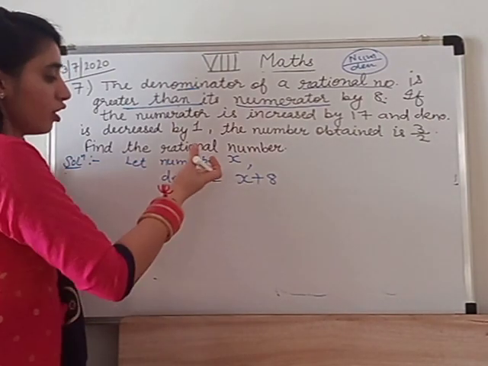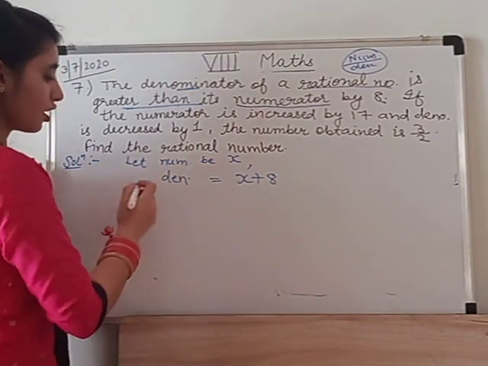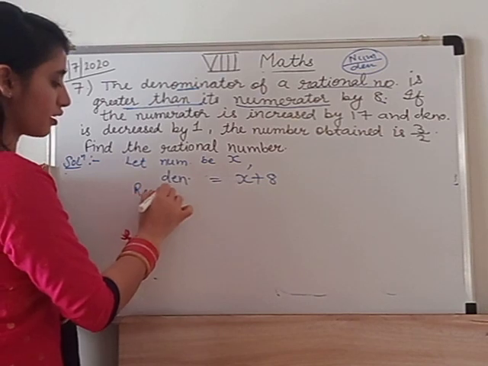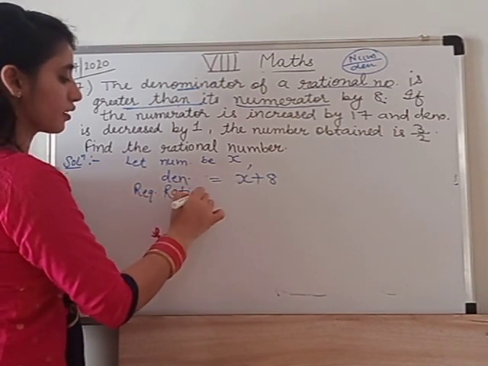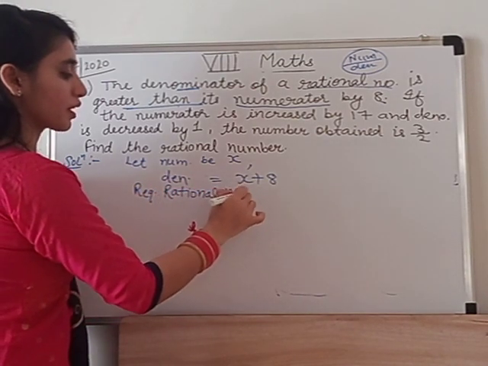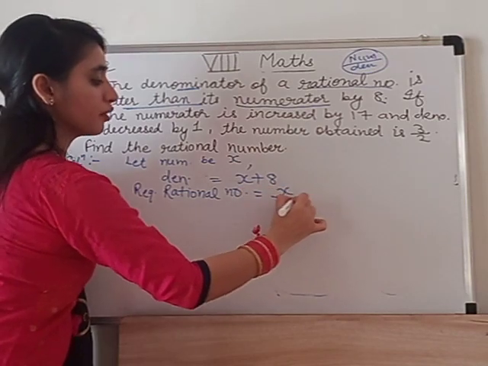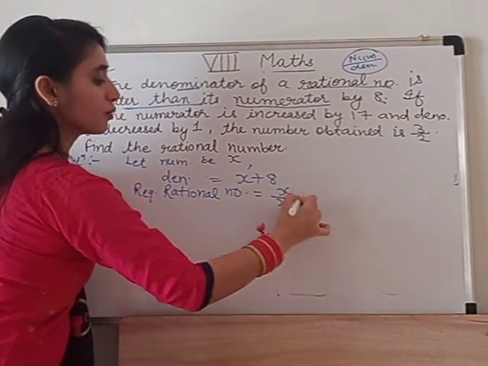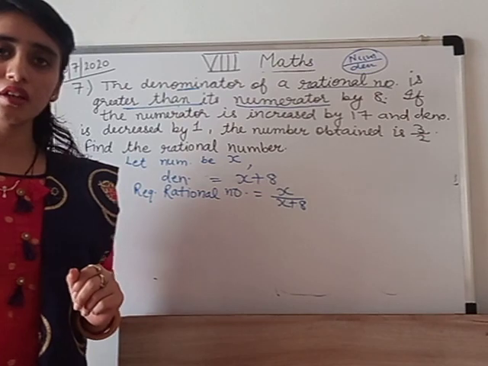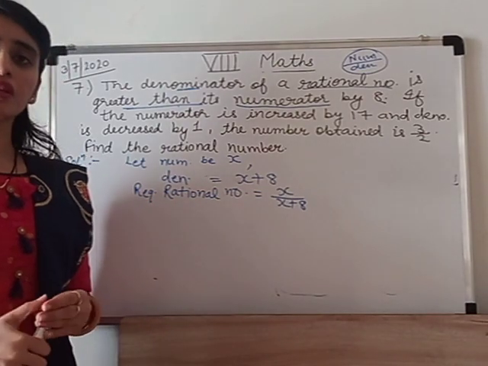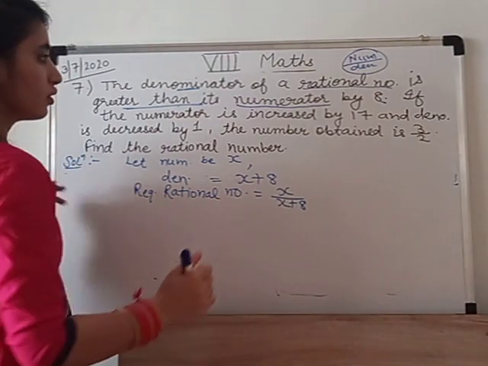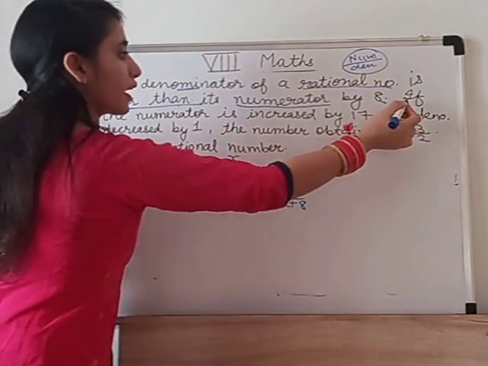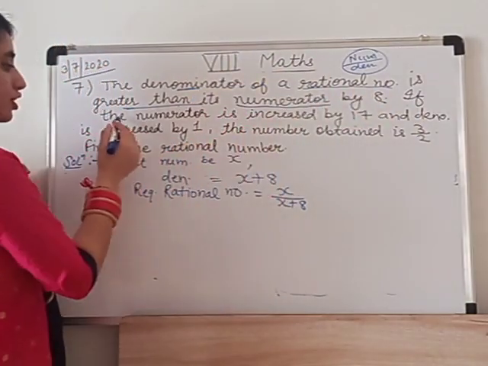Now what's the rational number? Our required rational number becomes x upon x plus 8, numerator upon denominator, in the form of P by Q. Now proceed to the next line of our question.